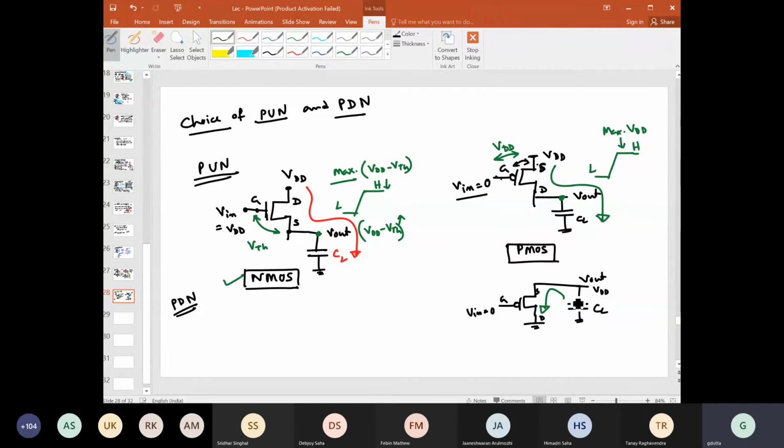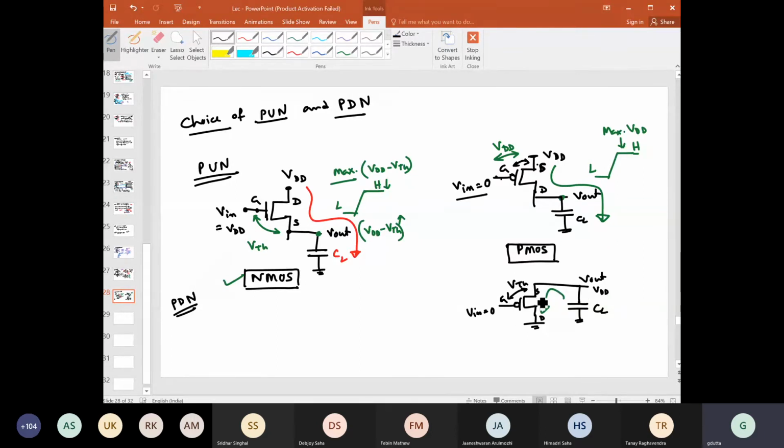It has started discharging, but can it completely discharge, or can V out reach 0? The V out cannot really reach 0, because again there should be at least one threshold voltage drop between these two. Once V out has reached this threshold voltage, beyond that this transistor will turn off.